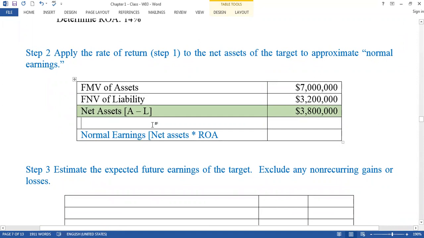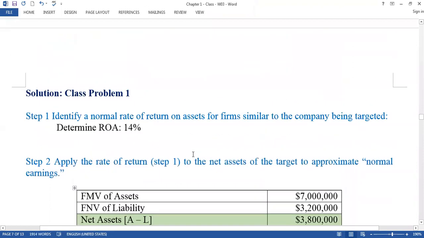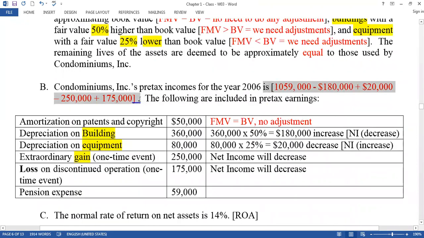So we need ROA here. It is 14%. And the amount is here, $532,000. So this is the normal earnings, right? Okay, so now we have to estimate the future earnings. I can copy this one from here and I will explain it to you.